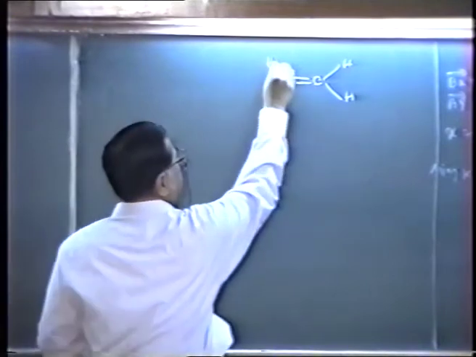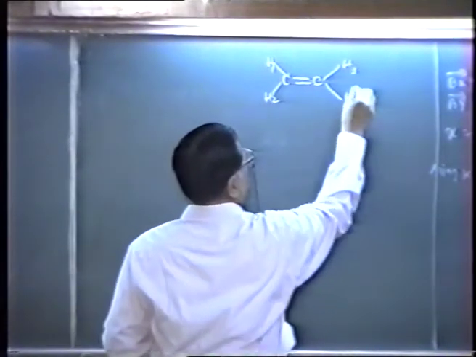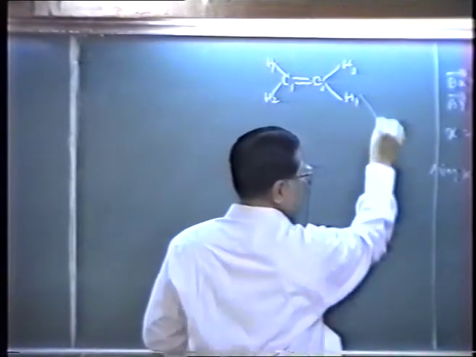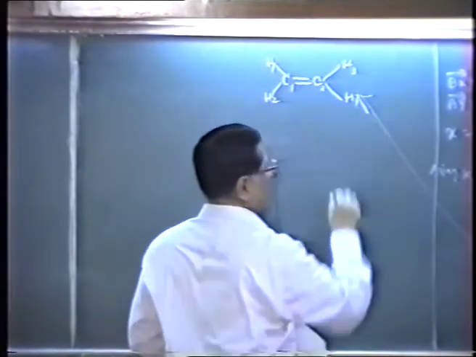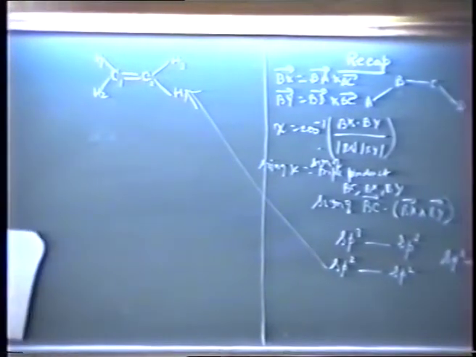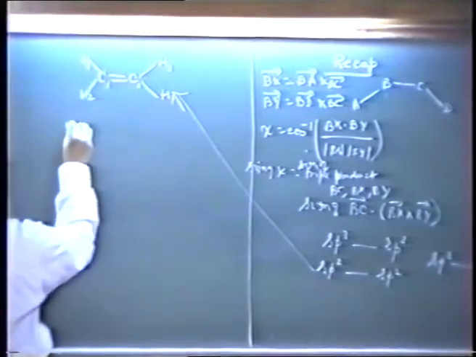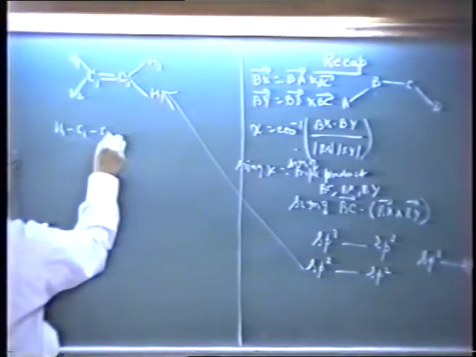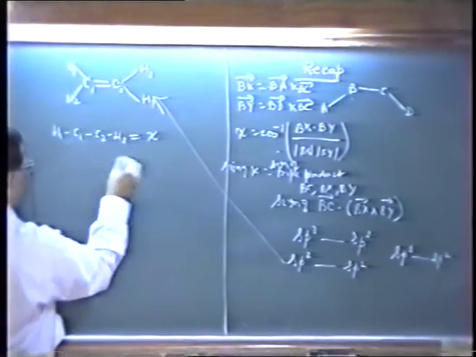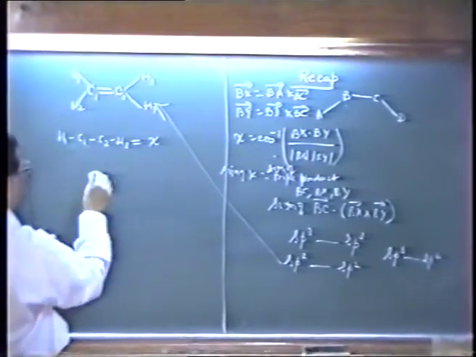I will put the names as H1, H2, H3, H4 and C1, C2. Obviously this falls under this category. And we said there are 4 torsion angles here. Let me write H1, C1, C2, H3 as chi.